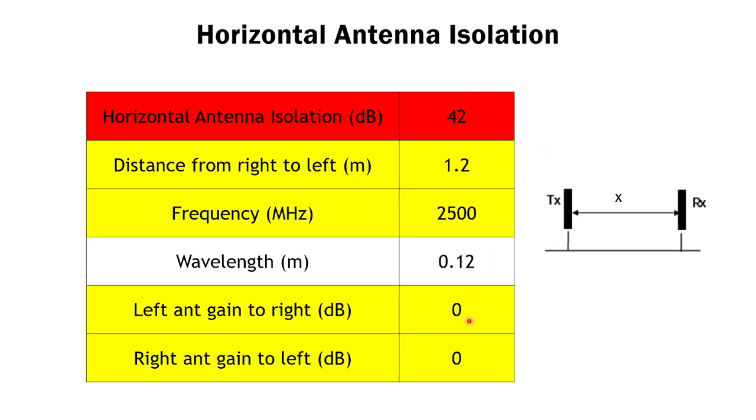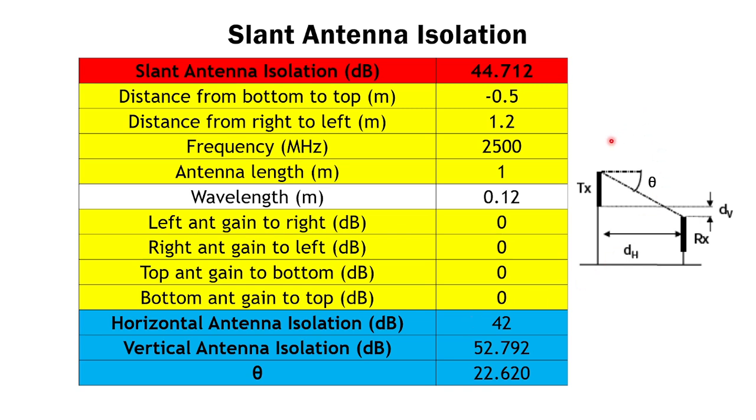And if it's mounted slanted, then the slant antenna isolation is equal to 44.7, something between the vertical antenna isolation and the horizontal antenna isolation. Here I put minus 0.5 meter for the distance from bottom to top. That means these two antennas have some overlap here. If there is no overlap, then you can put 0 or a positive value here.